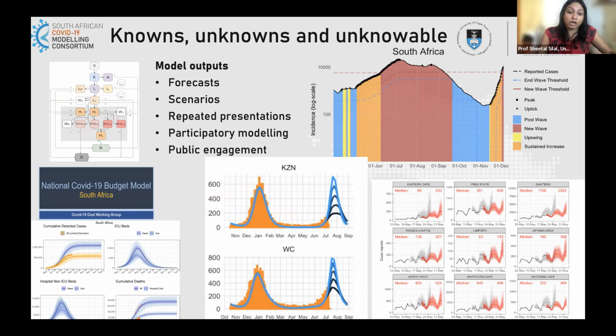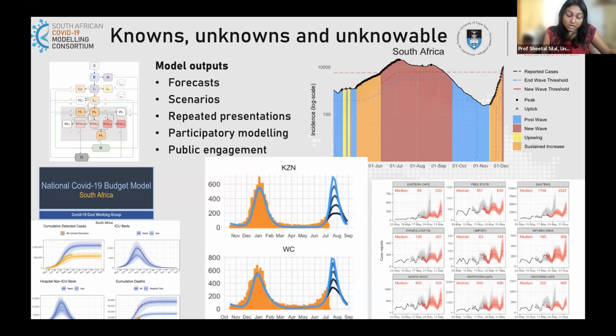Our modeling consortium validates our projections with epidemiologists, clinicians, intensivists, virologists, as well as public health specialists and economists, and we feed our modeling results into macroeconomic models and so on, so that we're able to provide evidence on the whole system in which the disease is actually transmitting.